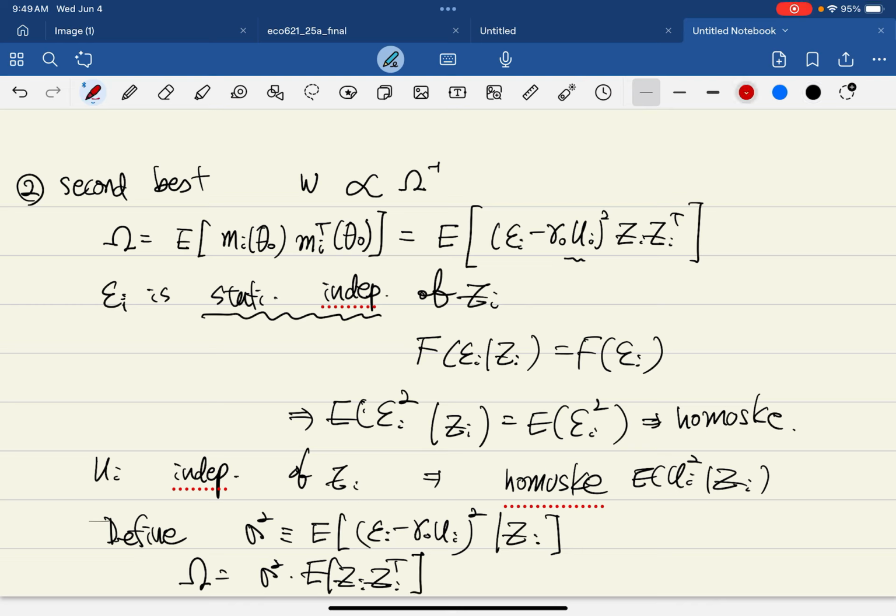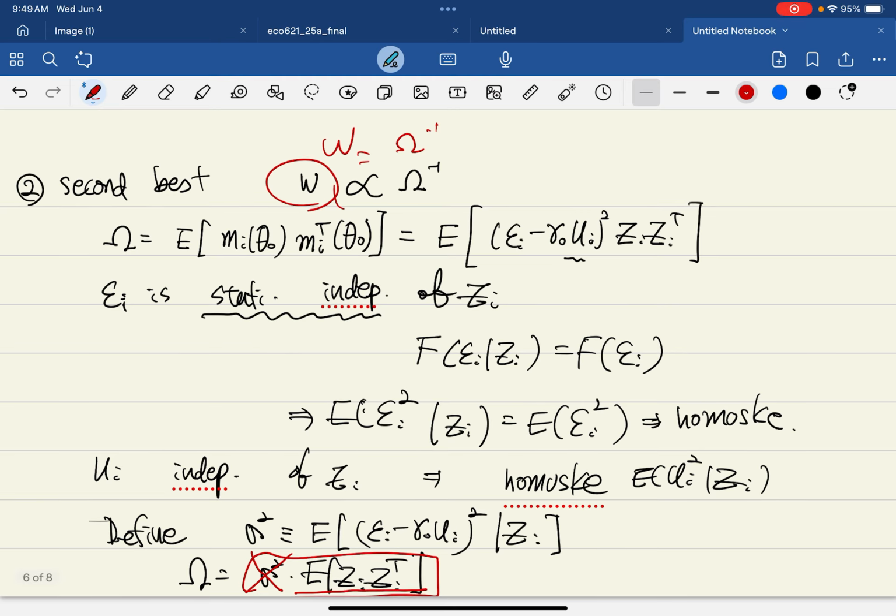Okay, so we need W to be proportional to this, and it is proportional. In class I said as if W should be Omega inverse, but at the time I explained that the positive constant does not matter in the minimization problem, so we just need W to be proportional to this part, which is easy.